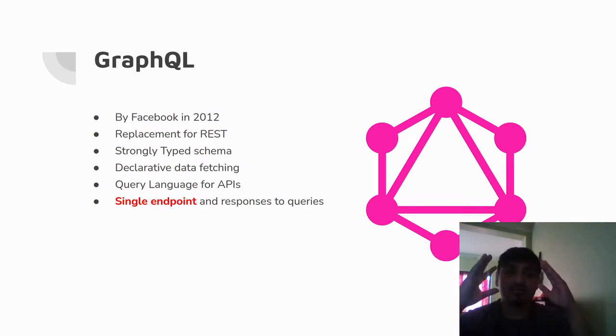It consists of only a single endpoint, and that helps to fetch everything throughout the client and server communication. So there is only one endpoint. Okay, we'll see in the demo.